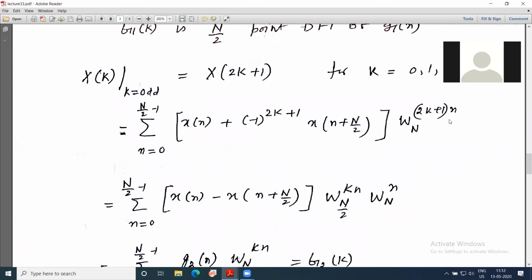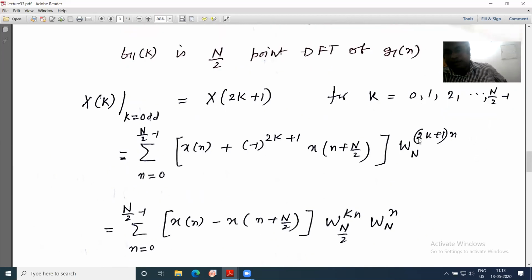Agreed? Now, minus 1 to the power 2k plus 1 will always be negative, because minus 1 to the power 2k is positive, but minus 1 to the power 1 will always be negative, is it not? So this will become x of n minus x of n plus n by 2.